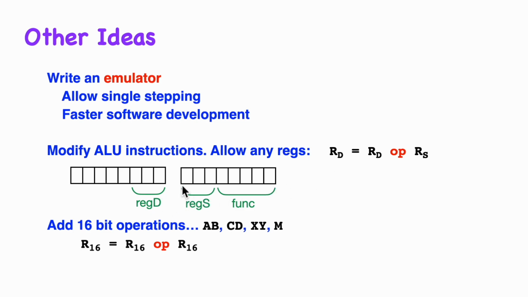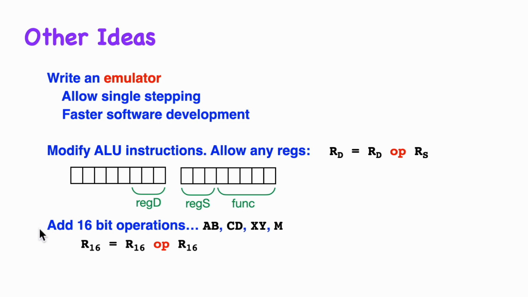So here I've sketched out how you might encode this operation, and you see we've got room now for the specification of 2 additional registers. I've also enlarged the function code to 5 bits, so that might give you room for, say, multiply and divide instructions or rotate instructions or whatever other operations you want to include.